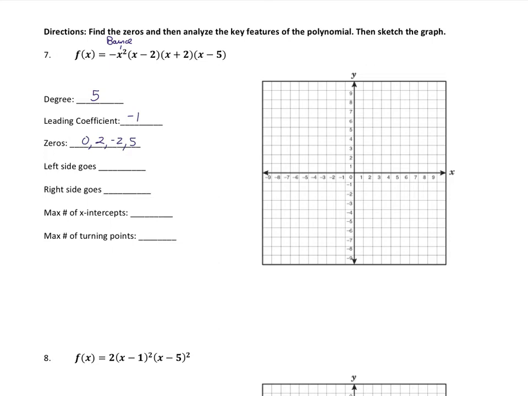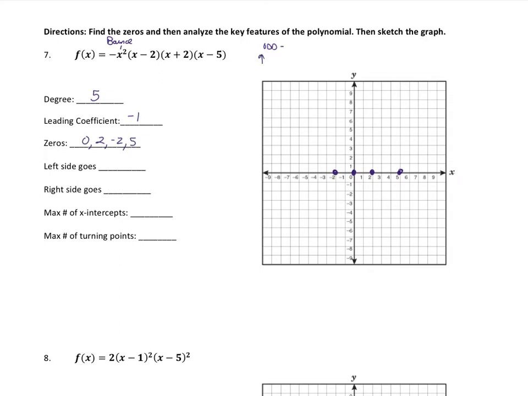So then set each of your factors to 0. X squared will be 0, and then 2, negative 2, and 5 for our zeros. Plot those on your graph. We've got an odd degree, and it is negative with a leading coefficient.